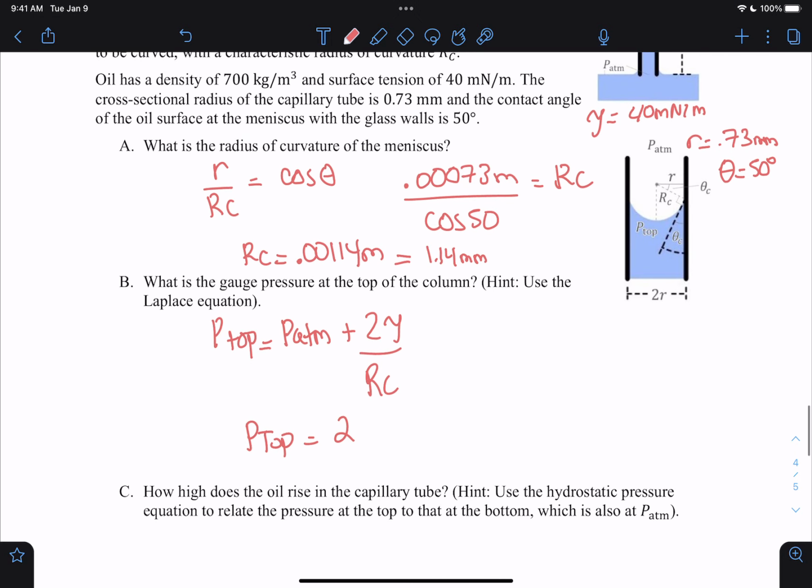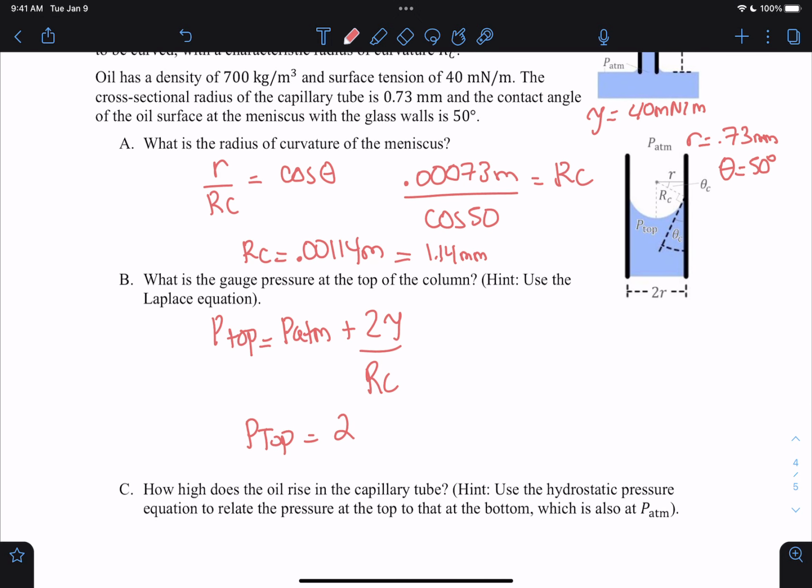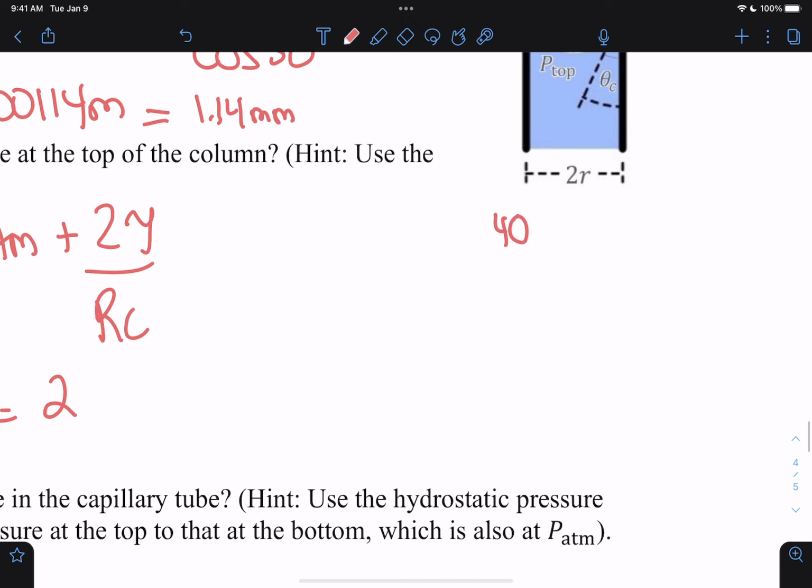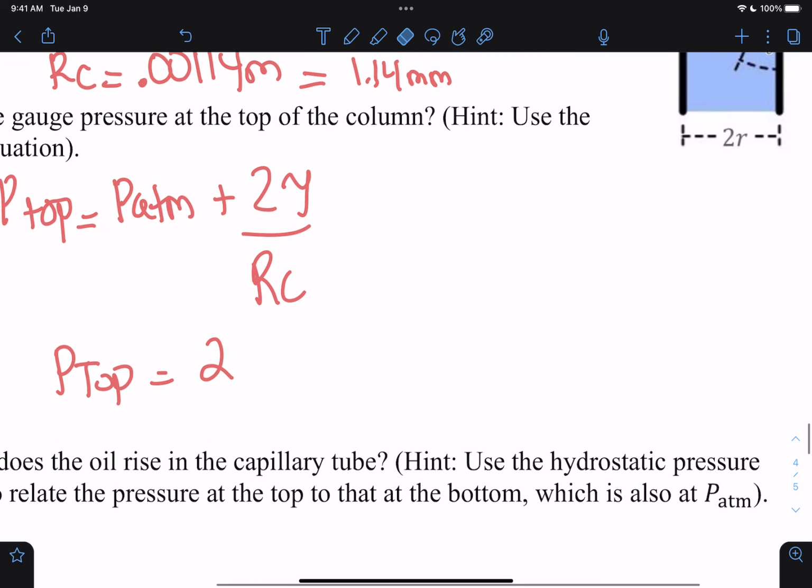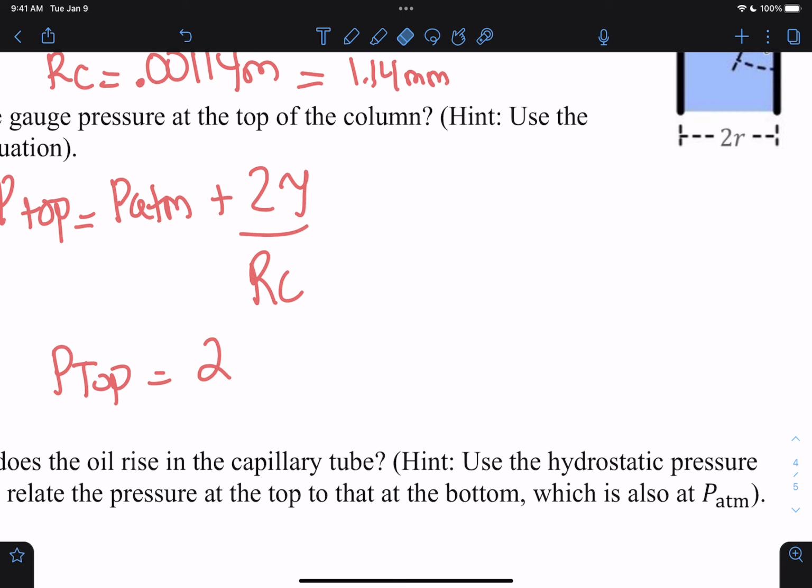Surface tension was 40 millinewtons per meter. So if I want to convert that, I think we can just divide by 1,000 once again to get newtons per meter, right? So if we plug that in and then divide it by a radius of curvature, that should give us our pressure at the top.